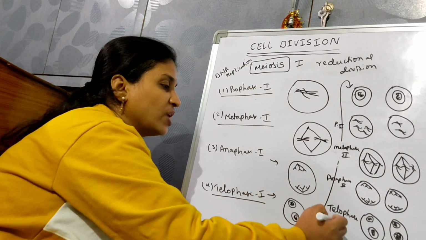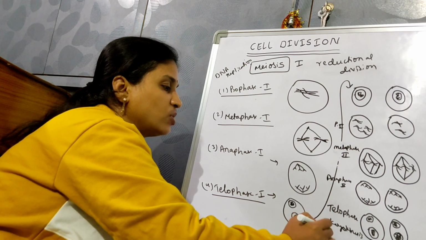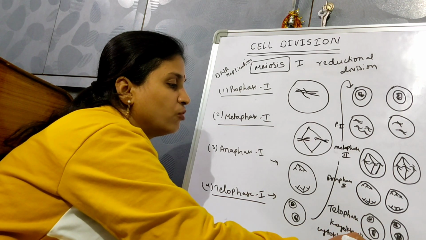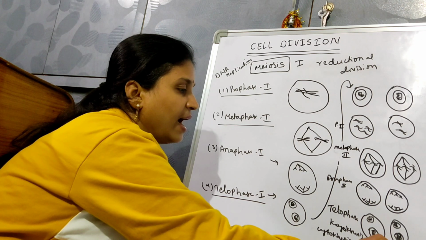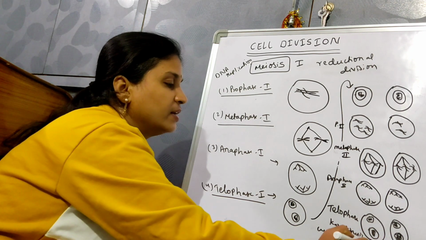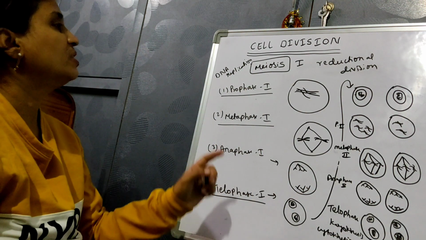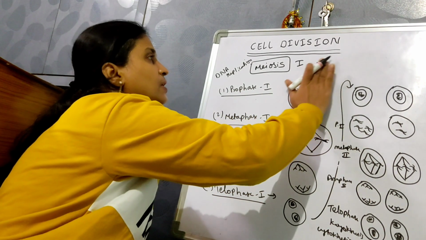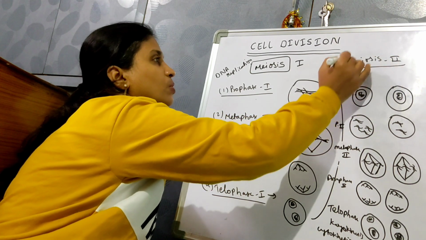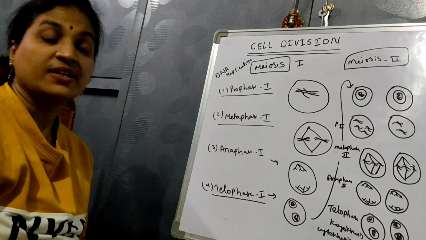Then after this, karyokinesis, then cytokinesis, which will develop into 4 daughter haploid cells or haploid gametes. Okay, this is about meiosis 2.